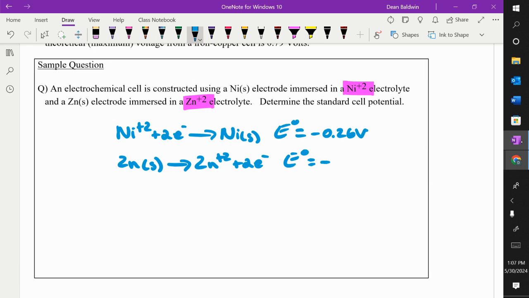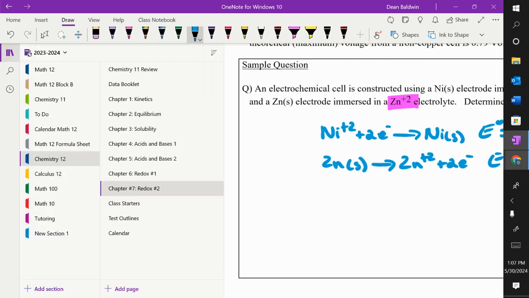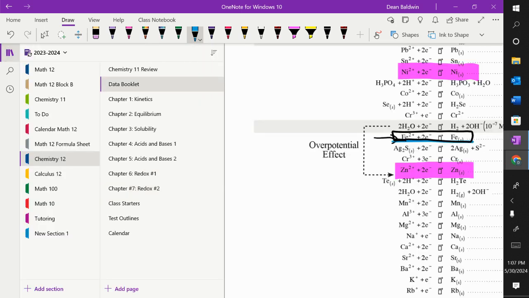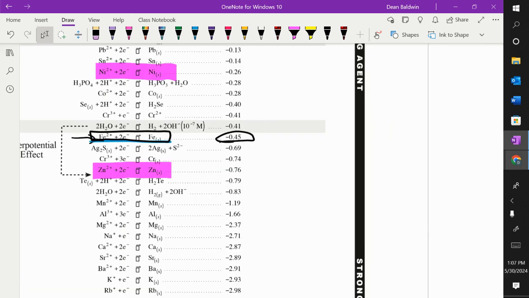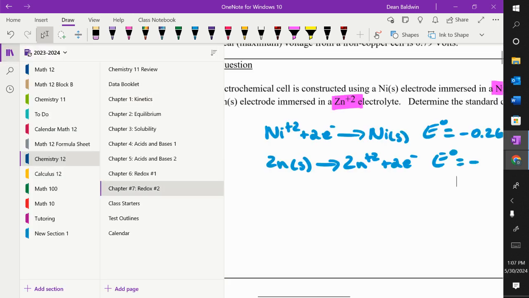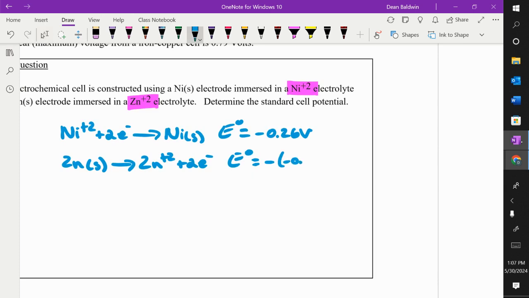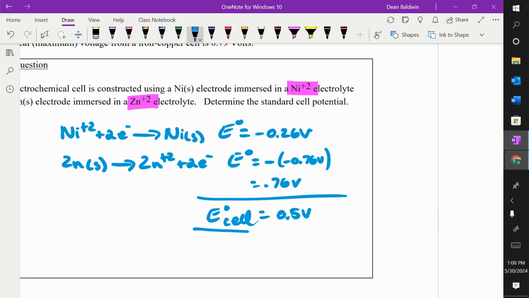And because we flipped it, we have to flip the sign. And off the data table, zinc is negative 0.76. So it's negative of negative 0.76, which is obviously 0.76 volts. Add those together and you're going to get 0.5 volts. That's the theoretical max amount you can get out of the cell.